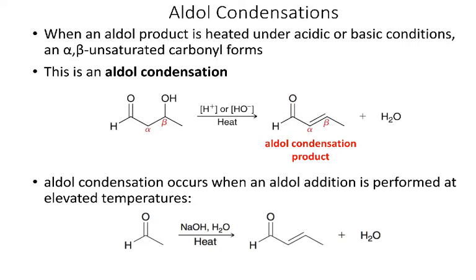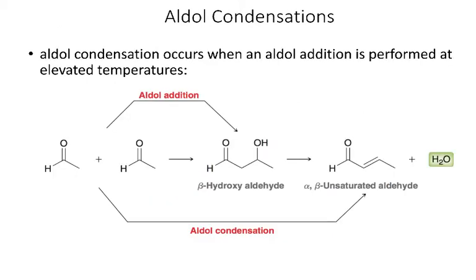I feel like I'm repeating myself, but this happens when we heat the aldol addition product. So to get this aldol condensation, we first undergo an aldol addition to give us the aldol. Then if we heat it, we can eliminate the OH and give us the aldol condensation product.